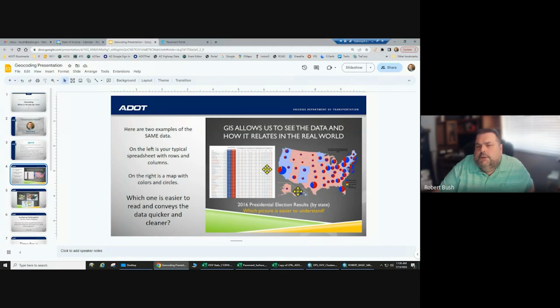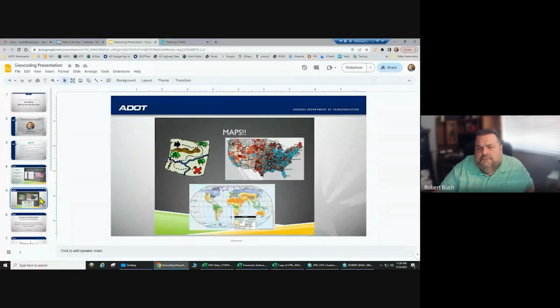So which one's easier to look at, which one's easier to read to get an idea what's going on? I would think most of us would say the map. And that's what we're talking about today is maps, cartography. But it's not so much just making maps, it's having the ability to do analysis with the data that makes these maps.